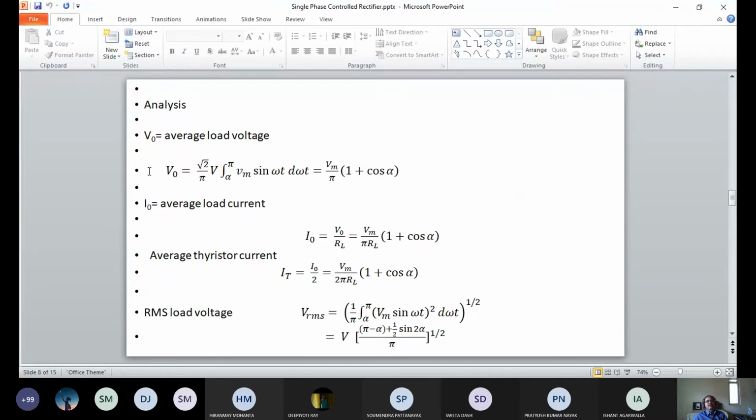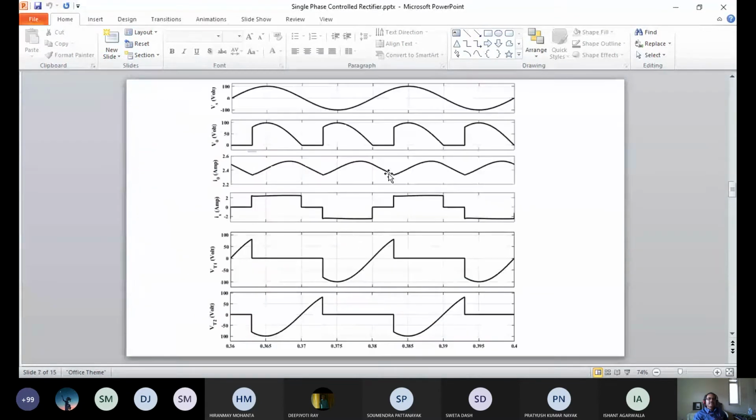You vary alpha, the average voltage will change, and the speed of the motor will change. That is the concept of a controlled rectifier. And if you apply closed loop, alpha will automatically change with respect to the load variation and speed. Any more questions?